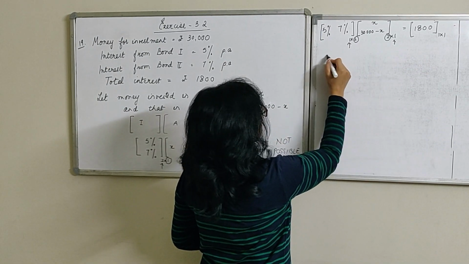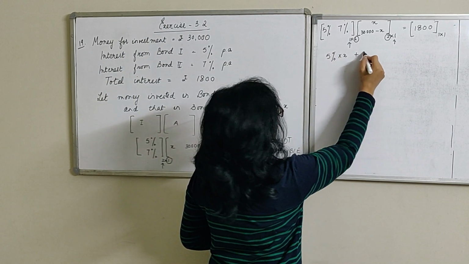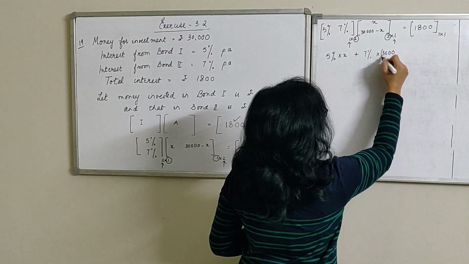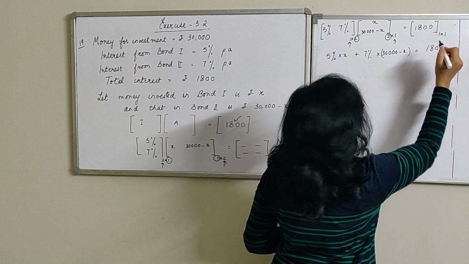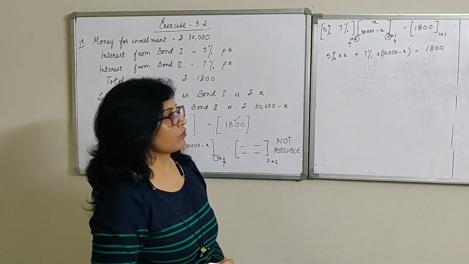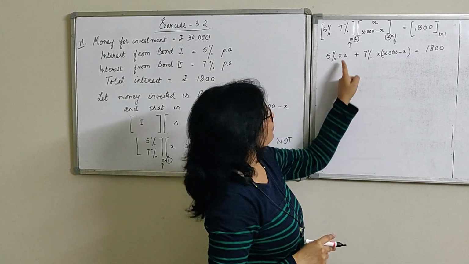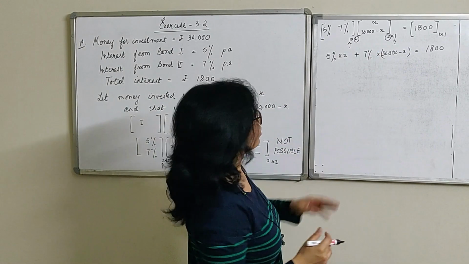Multiplication is possible, so what we get here is 5% into x plus 7% into 30,000 minus x should give us 1800. I've done two steps together. I've multiplied the elements of the matrices, and then the concept of equality of matrices is also used here.